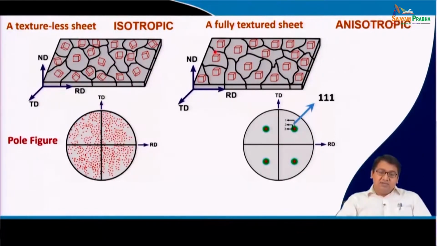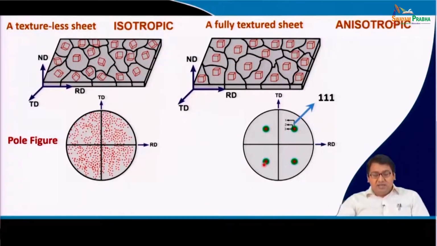Along the ND, it must be 001, and along the TD, it is 010 parallel to TD. So, all these grains have the same orientation, and if such a thing occurs, then we will obtain strong peaks here.